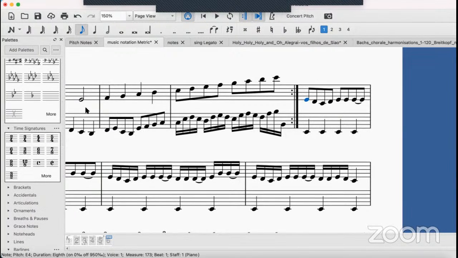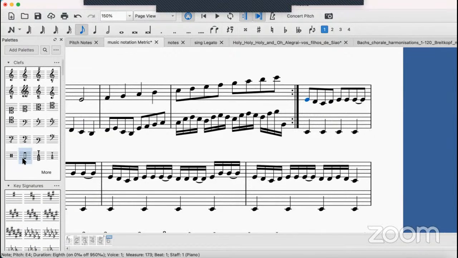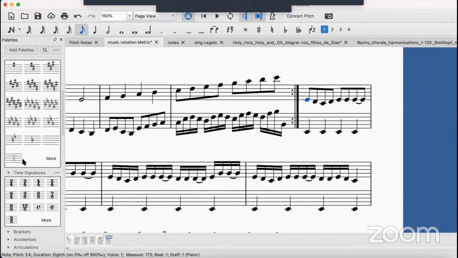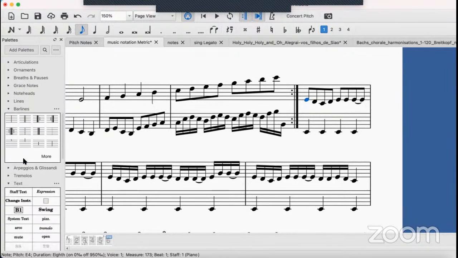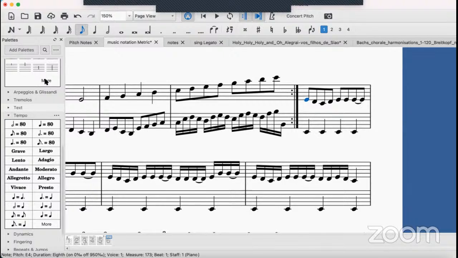I want to make this rhythm here. If I add a different tempo, it won't change the rhythm, but it changes the tempo. Tempo means the speed of the music. Okay, let's hear now.